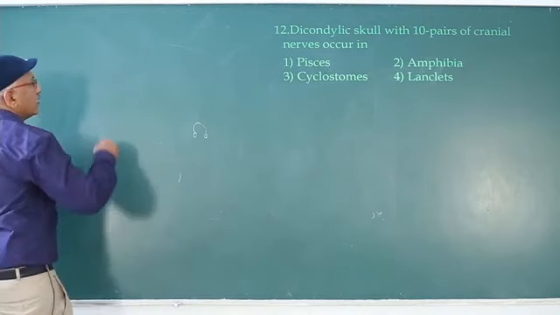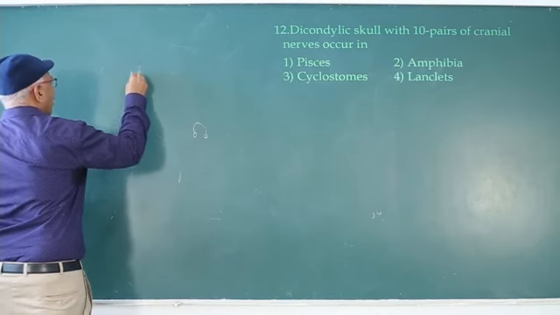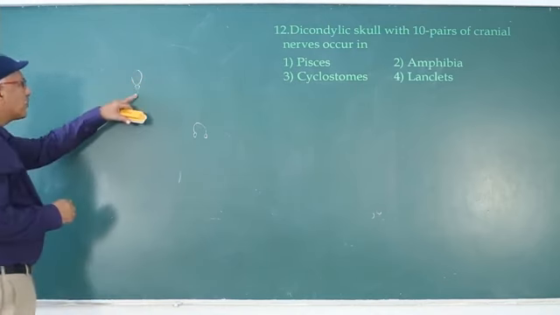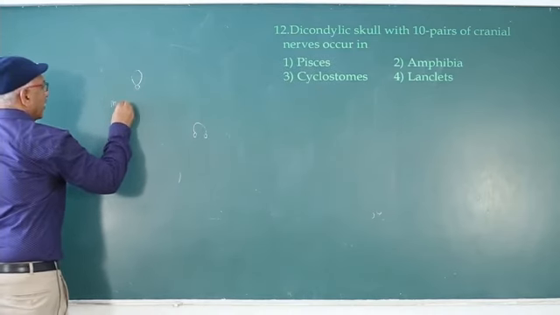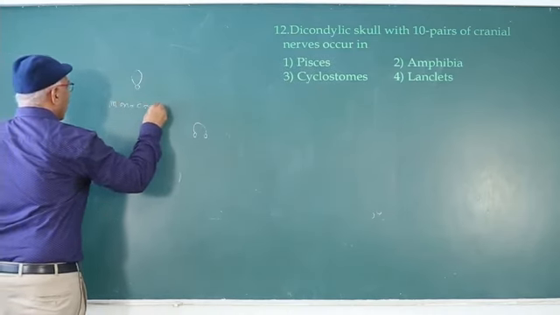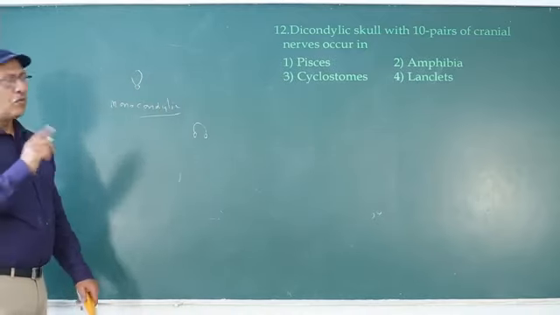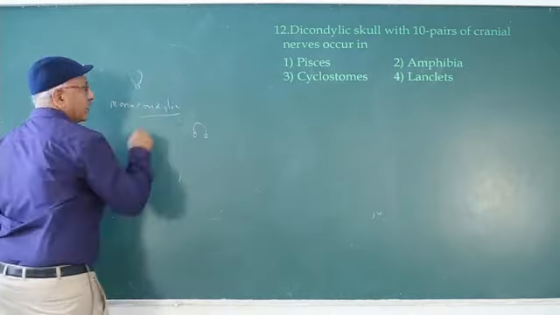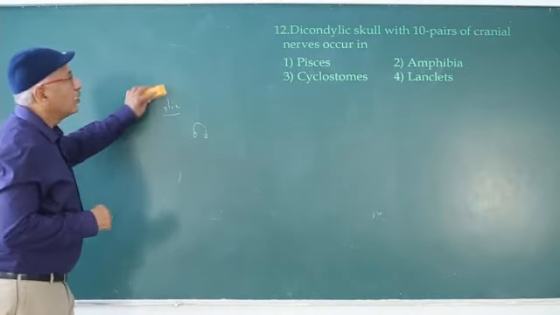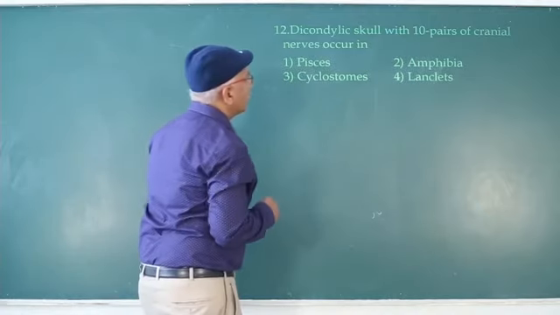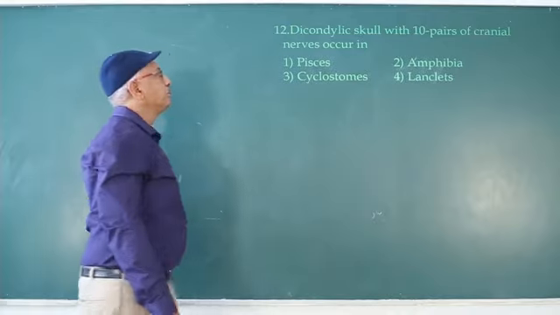In Pisces, reptiles, and aves there is only a monocondyle skull. 1 occipital condyle is present, known as a monocondylic skull. So a dicondylic skull with 10 pairs of cranial nerves is in amphibia.